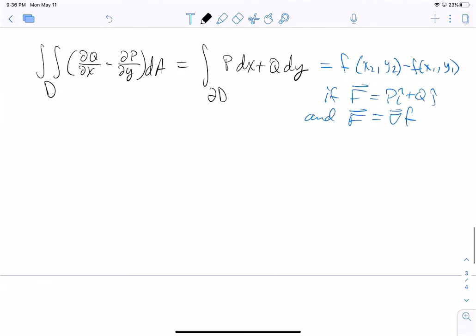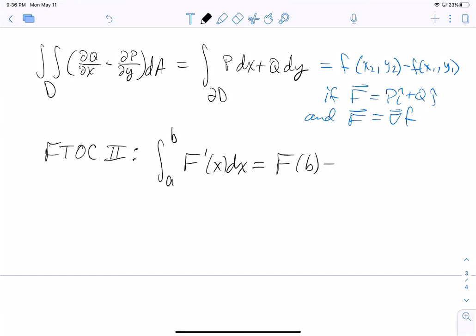Now, the fundamental theorem of calculus part 2 says that the integral from a to b of f prime of x dx is equal to f(b) minus f(a), and we know that f is an antiderivative of f prime.